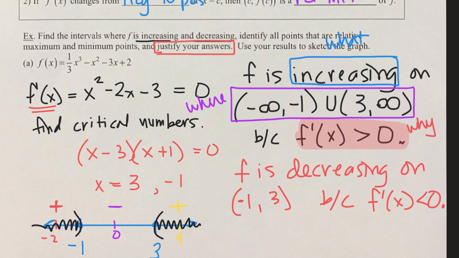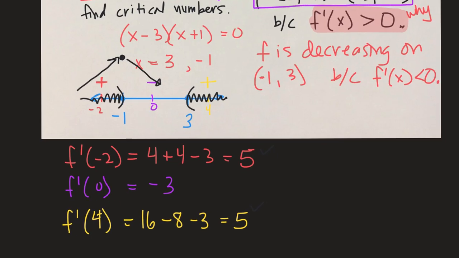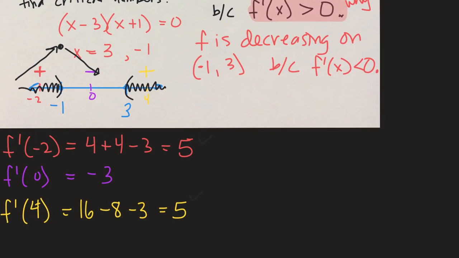The last thing we have to do is talk about your maxes and your mins. Here we have an increasing to a decreasing. That means we have what type of point at negative 1? From increasing to decreasing is a max.